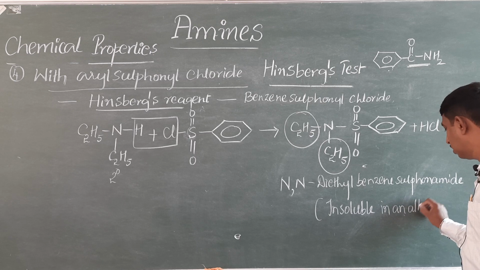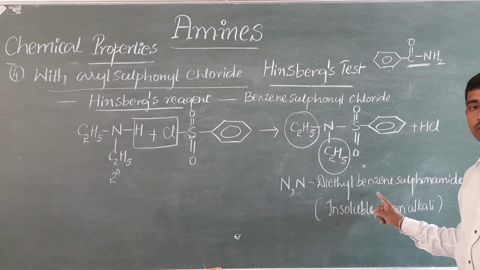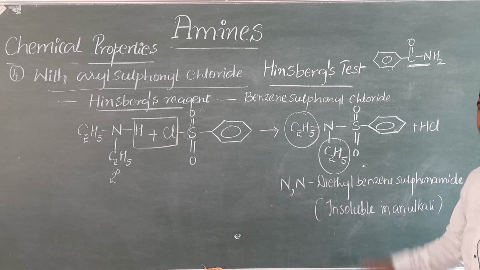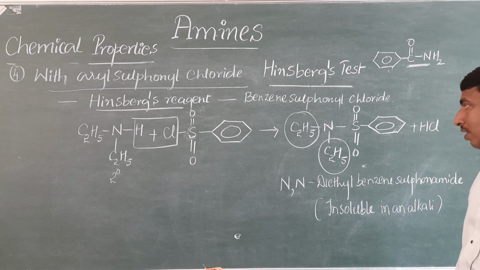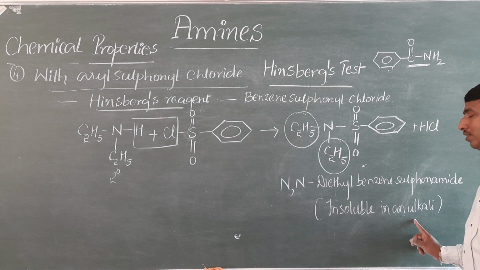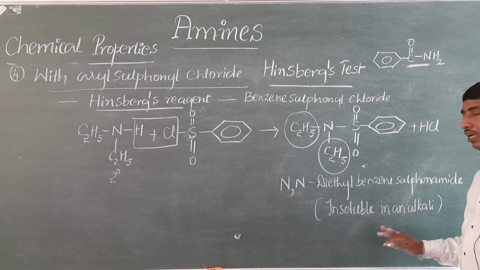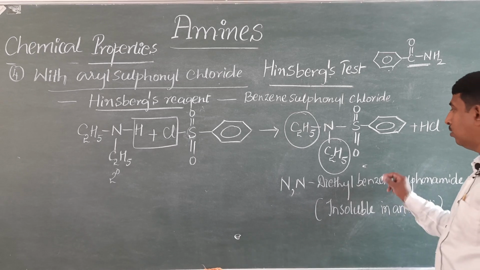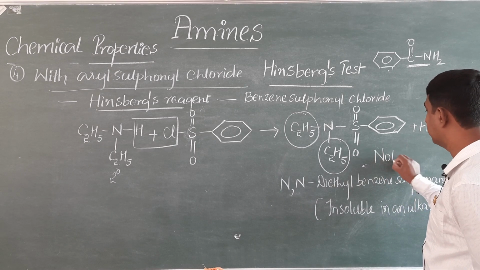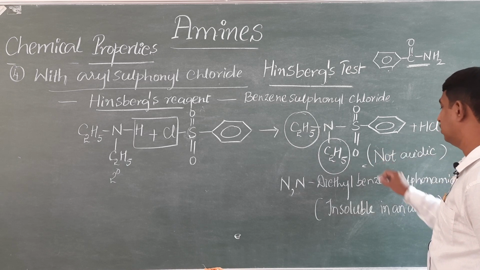in an alkali solution, so it does not dissolve on adding a base, whereas the compound obtained in the case of primary amine readily dissolves in alkali. The compound obtained in the case of secondary amine remains insoluble in alkali. Why does it not dissolve in alkali? Because this compound is not acidic.